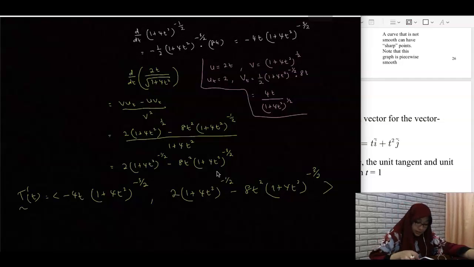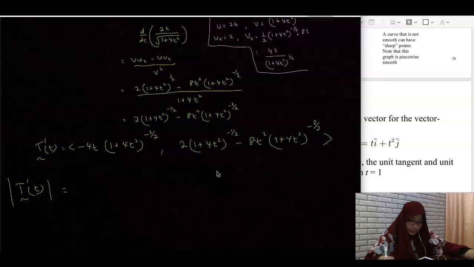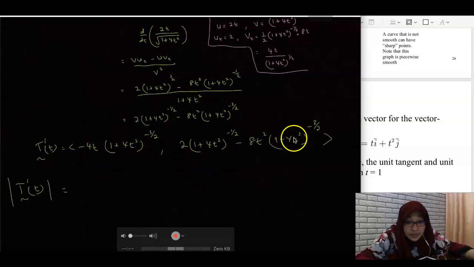Okay, now we want to find out its magnitude. So you have to square all the components here.